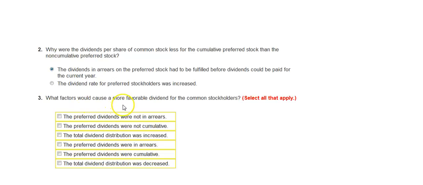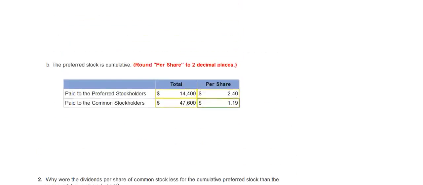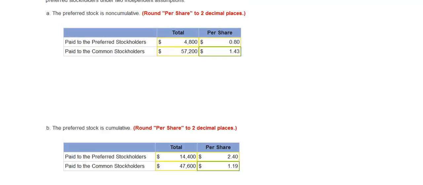Now, what factors would cause a more favorable dividend, a higher dividend for the common stockholders? Well, that would happen if there were no dividends in arrears, like in situation A. In situation A, when the stock was non-cumulative and therefore dividends in arrears wouldn't matter, the common stockholders got more than in the situation where there were dividends in arrears.